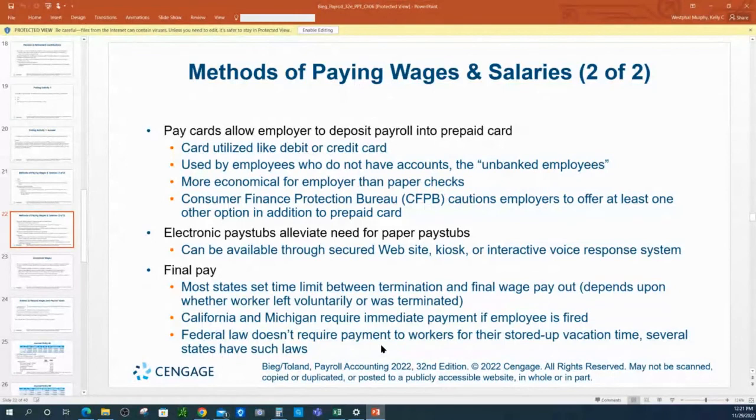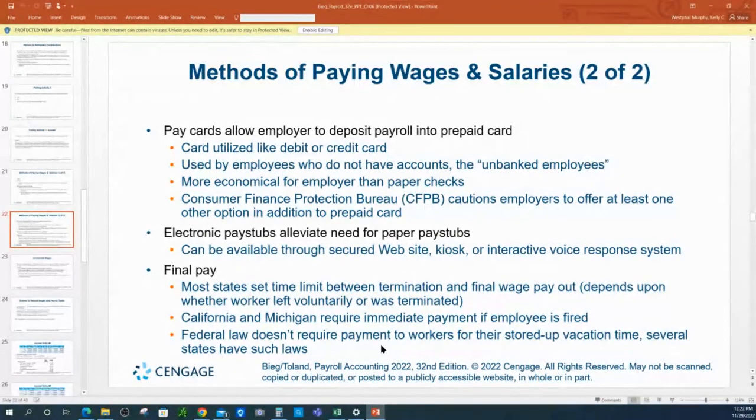People have a multitude of reasons for not having a bank account. So employers have started paying employees essentially on debit cards. They'll get like a Visa or MasterCard or something that works like a debit card, and their pay is then deposited onto that card.